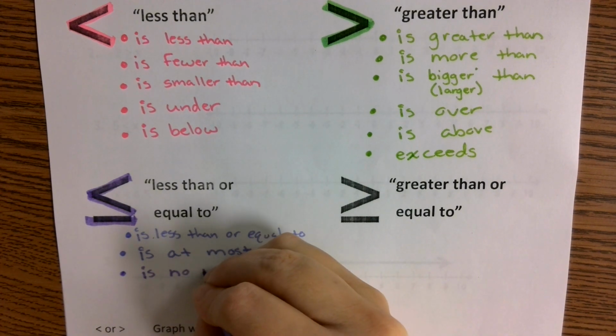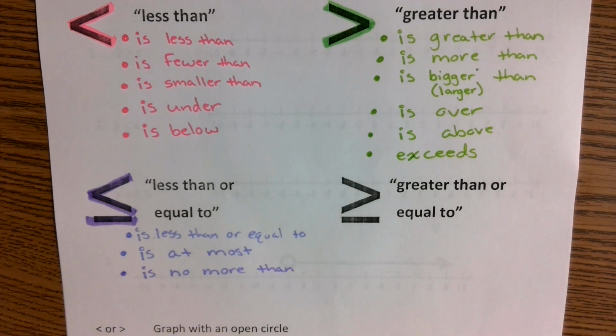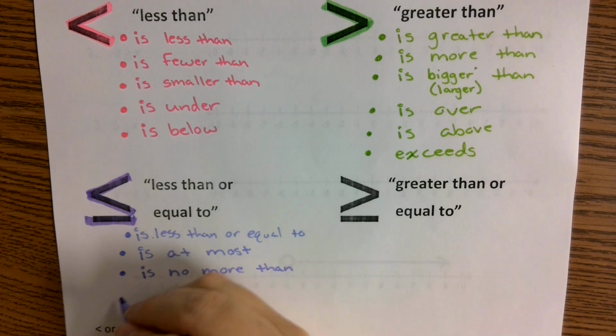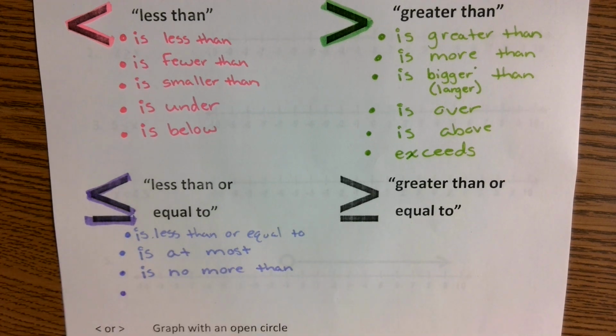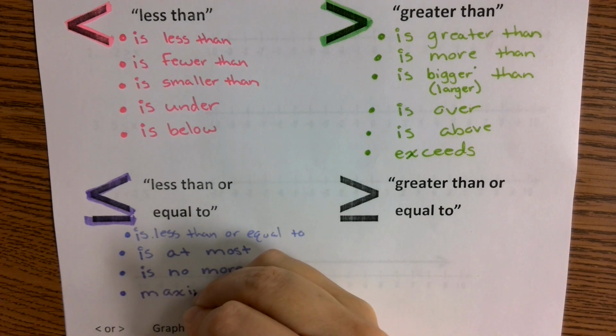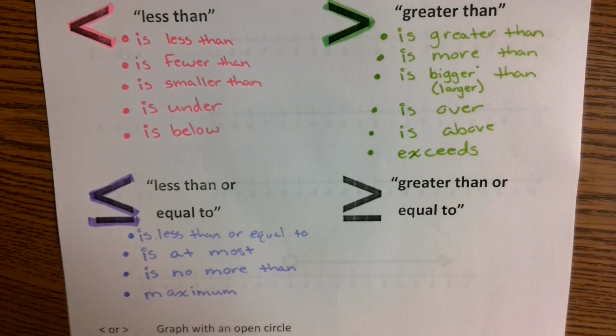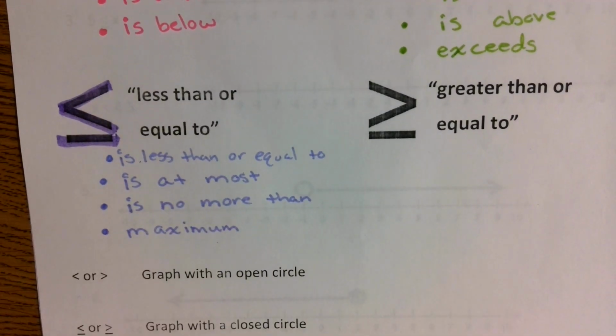"Is no more than." "Is no more than" this value means this value is the largest it can possibly be. The maximum. Again, maximum means this is the most it could possibly be. It can be something smaller than that as well, though.